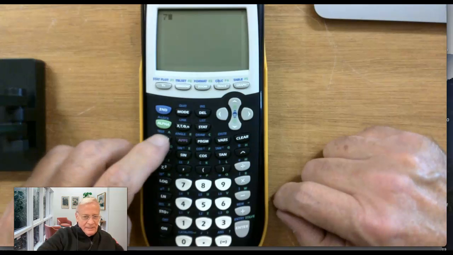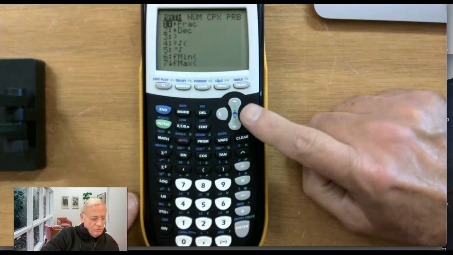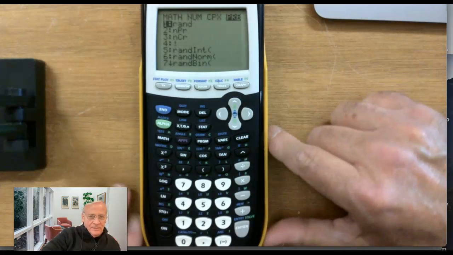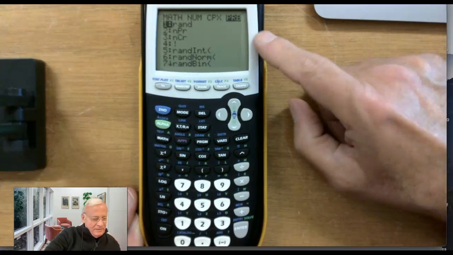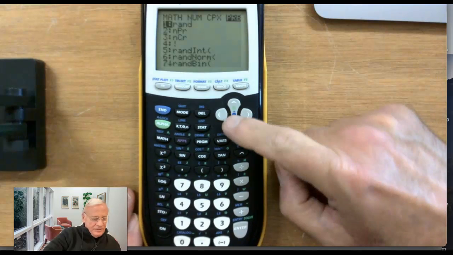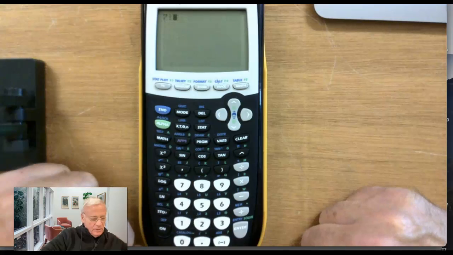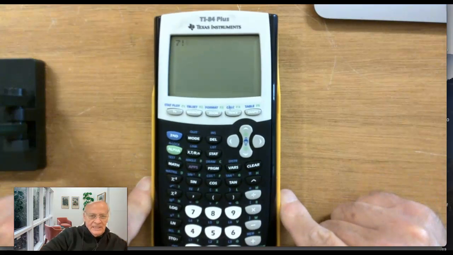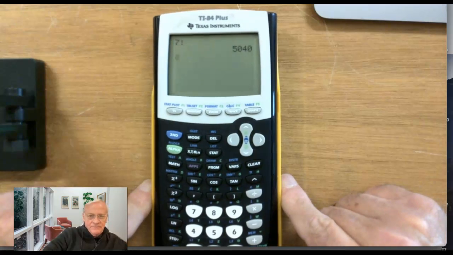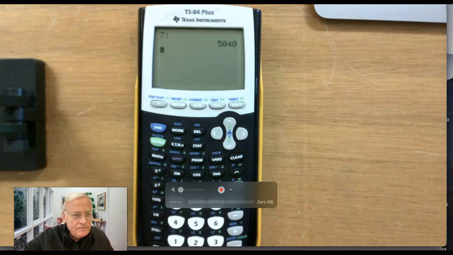Use the arrows to scroll over to the right where it says PRB. You can see the factorial is number 4. You can scroll down to number 4, or just hit the number 4. It says 7 factorial. Then I hit enter, and there's our answer. You can use the calculator as well.